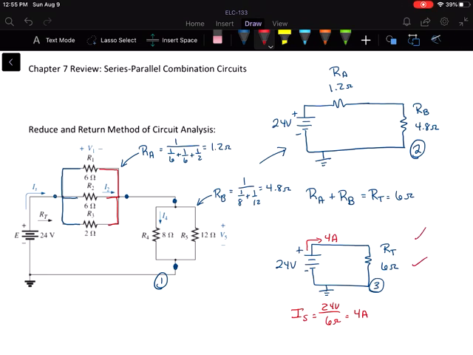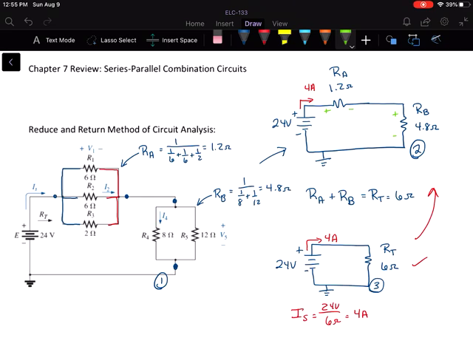So I'm going to take my 4 amps and move up a step, and that's the same current that I have here coming from the source. And now I'm going to calculate my voltage drops across RA and across RB using that 4 amps. Notice RA and RB are in series with each other, so they both have 4 amps of current going through them.